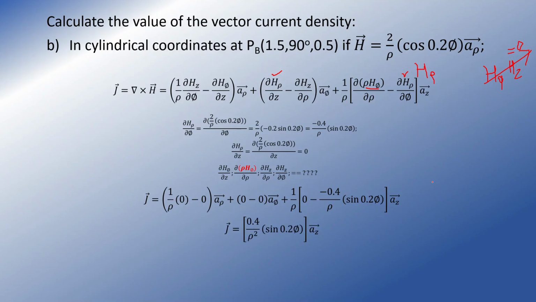This is the equation. Find this J at the given point, which is 1.5, 90 degree, 0.5. So at 1.5, 90 degree, 0.5, substitute it. Get the answer from your calculator. Kindly verify.